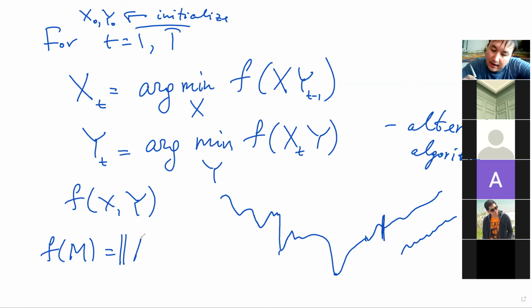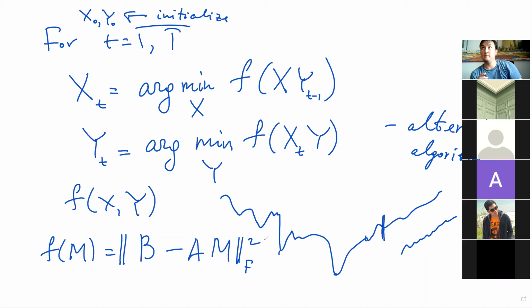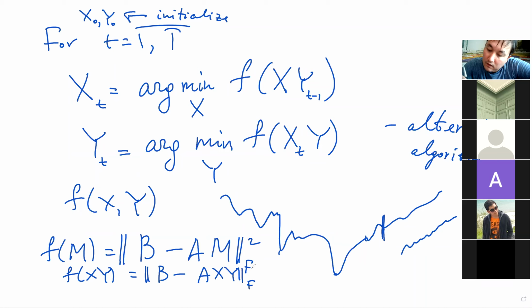It's like the norm of b minus a times m, and this is the Frobenius norm, for example. When you put here f of x y, you will obtain b minus a x y.